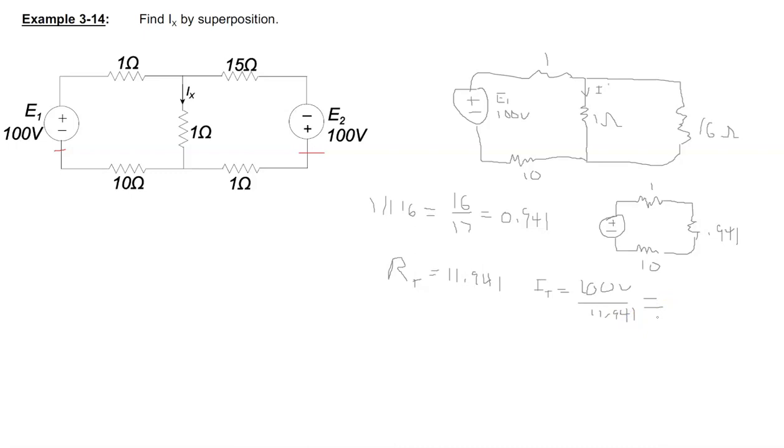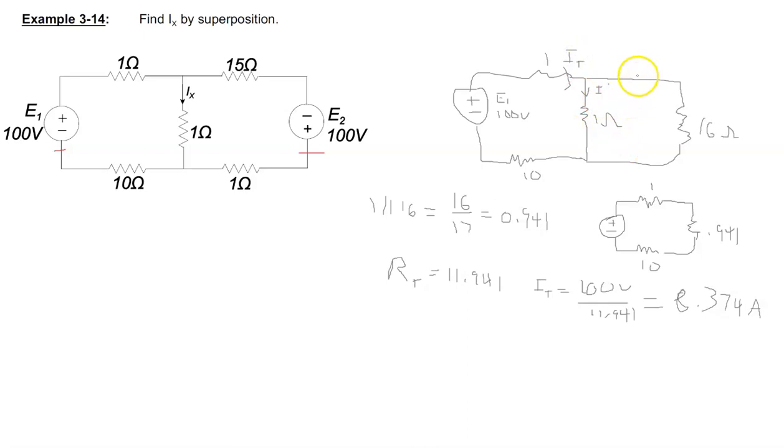And so that is equal to 8.374 amps. Okay, so E1 produces a current, goes this way, and it is IT there at 8.374 amps.